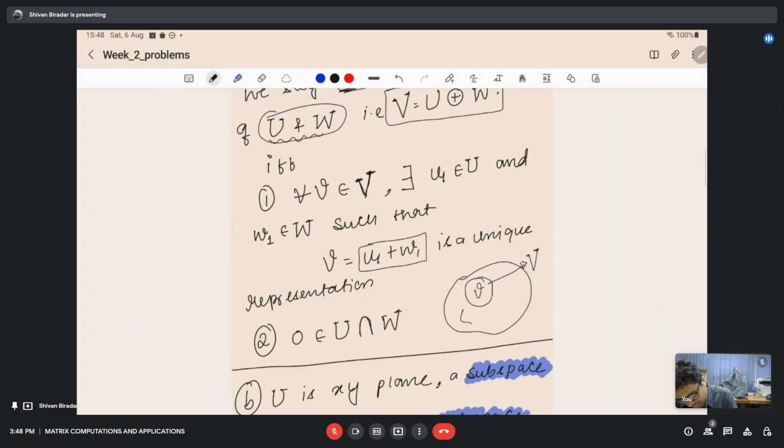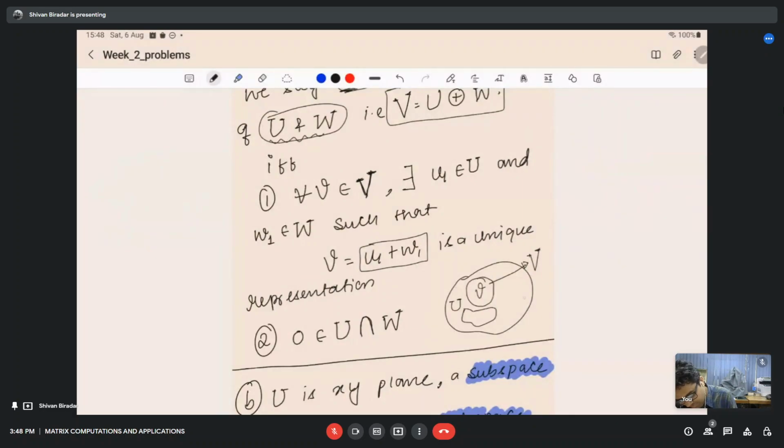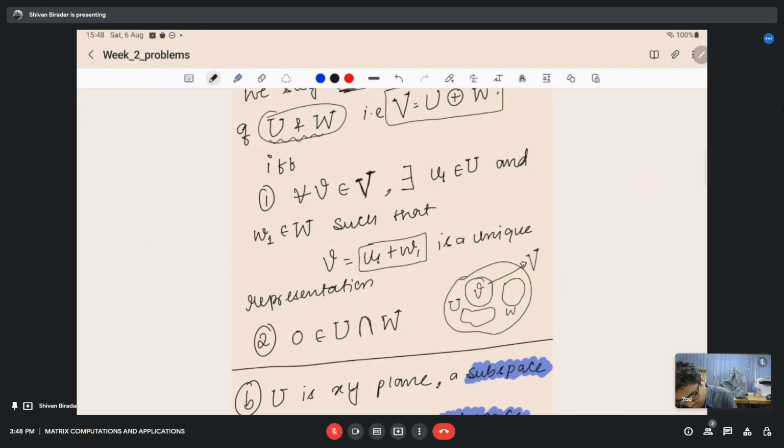So I have subspaces U and W, and I take a vector V. If I can express V as a sum of two vectors, U1 plus W1, where U1 belongs to the subspace U and W1 belongs to the subspace W, this can be done uniquely, and this must be done uniquely.